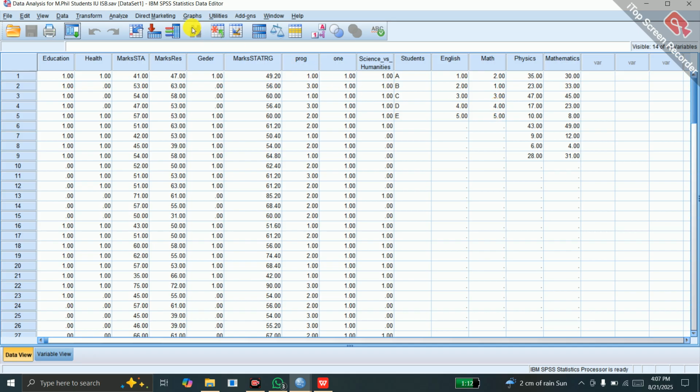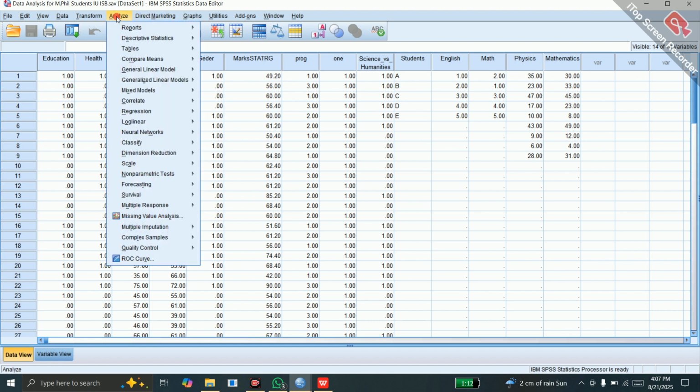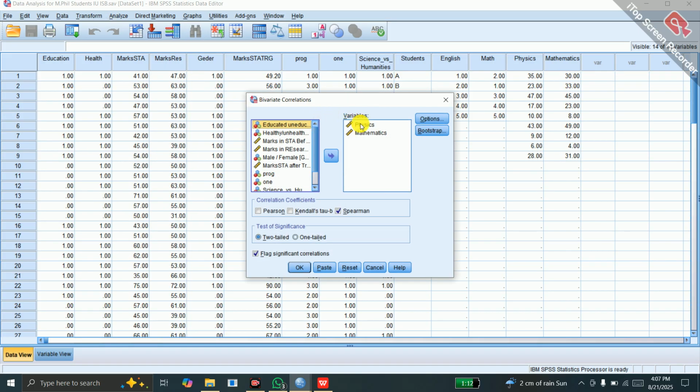So now let me compute Spearman's rank correlation coefficient for these two variables. Previously I computed Spearman's rank correlation between physics and mathematics, and that was the score of 9 students. This time I'm using another data set in which there are only 5 students, and marks are in English and math.